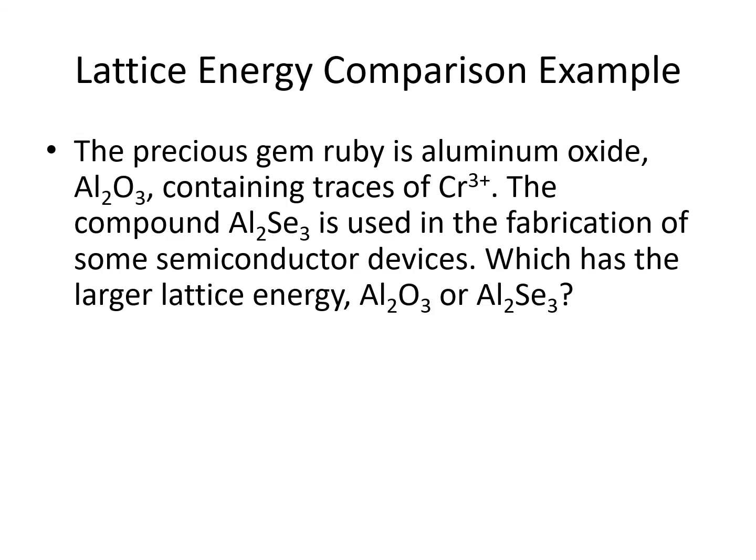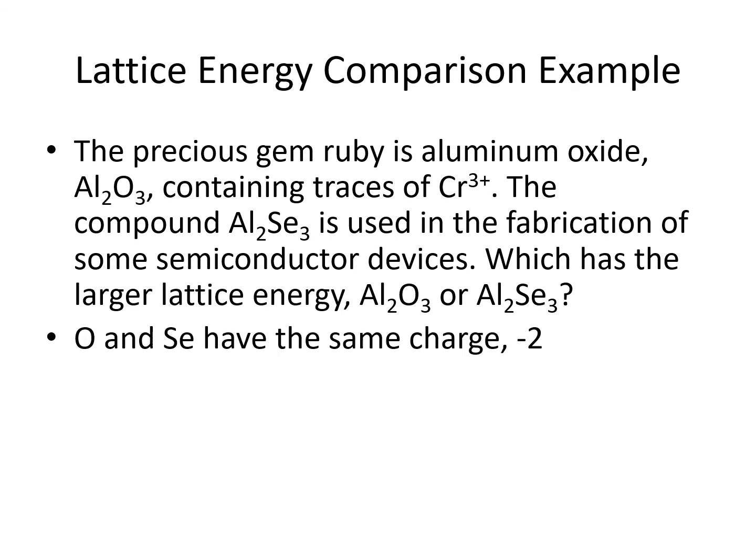So we can use Coulomb's law to tell us which ionic compound should have a larger lattice energy. We have aluminum oxide and aluminum selenide, and we want to find which has a larger lattice energy. One of the things to think about is the charges.